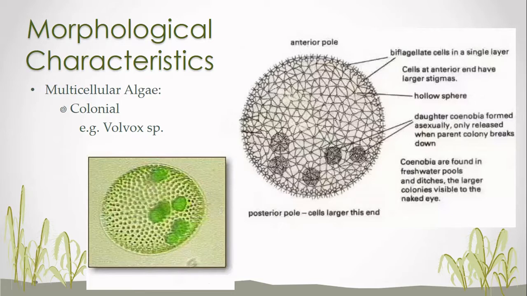Okay, the Volvox consists of tiny cells forming into one colony. These are the biflagellate cells of Volvox. Ang nasa sa loob ng Volvox, you have here the daughter coenobia formed by asexual reproduction. Then once mabasag ito, ma-release niya ang coenobia.